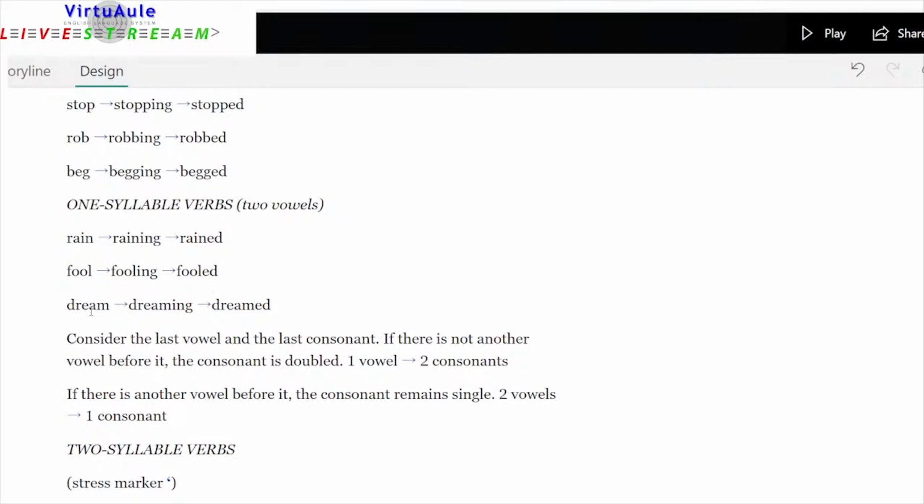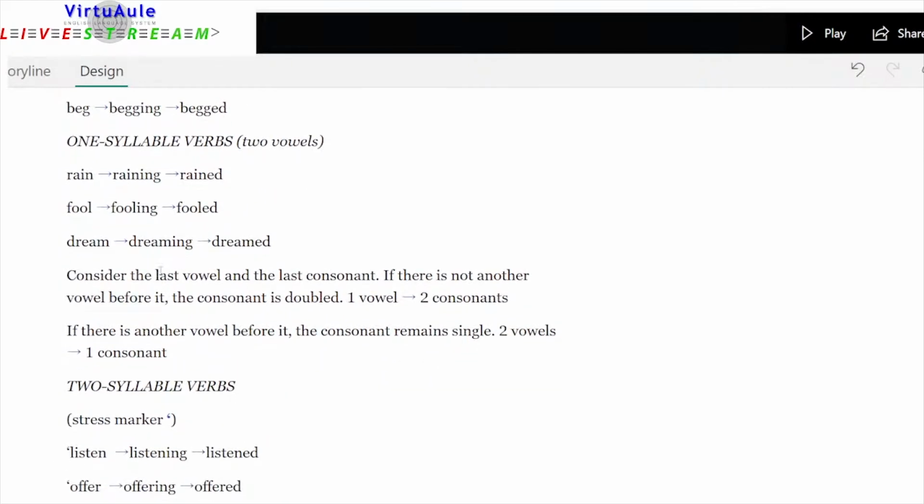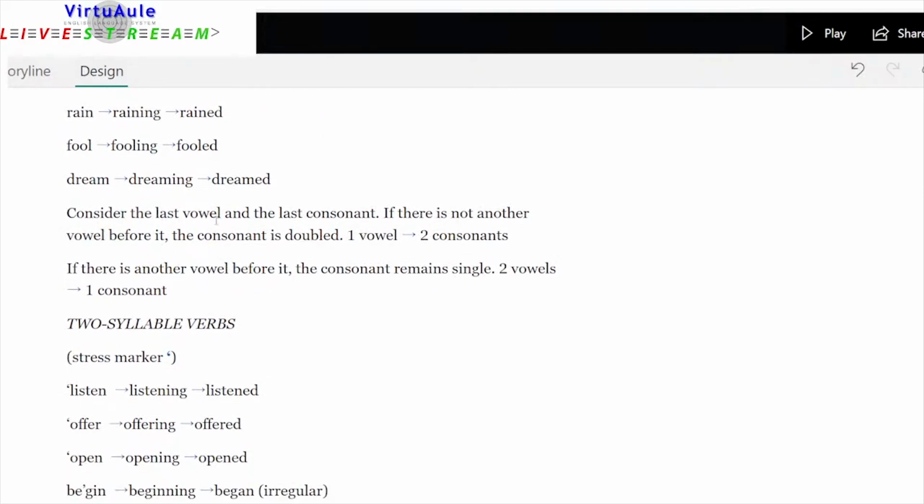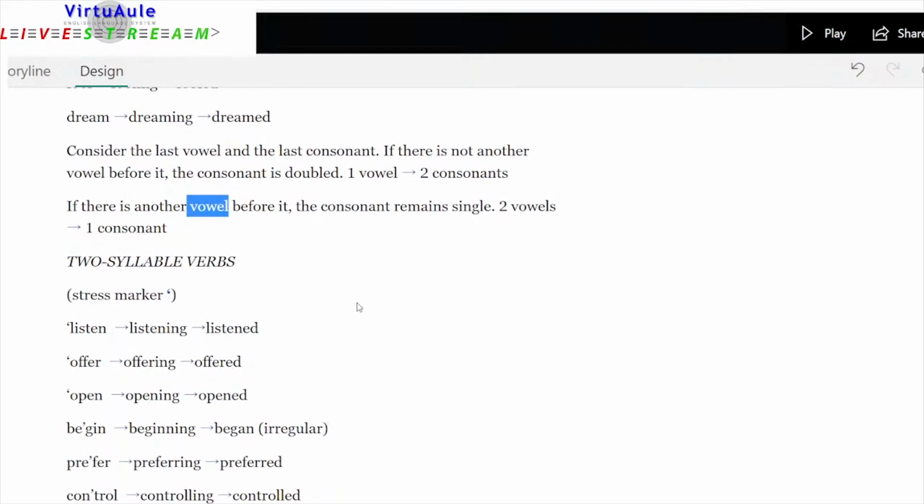Dream, you have double vowel ea and then finish with a consonant m. You don't double that m. Consider the last vowel and the last consonant. Those are really important. If there is not another vowel before it, the consonant is doubled: one vowel, one consonant. So if there is another vowel before it, the consonant remains single: two vowels, one consonant.